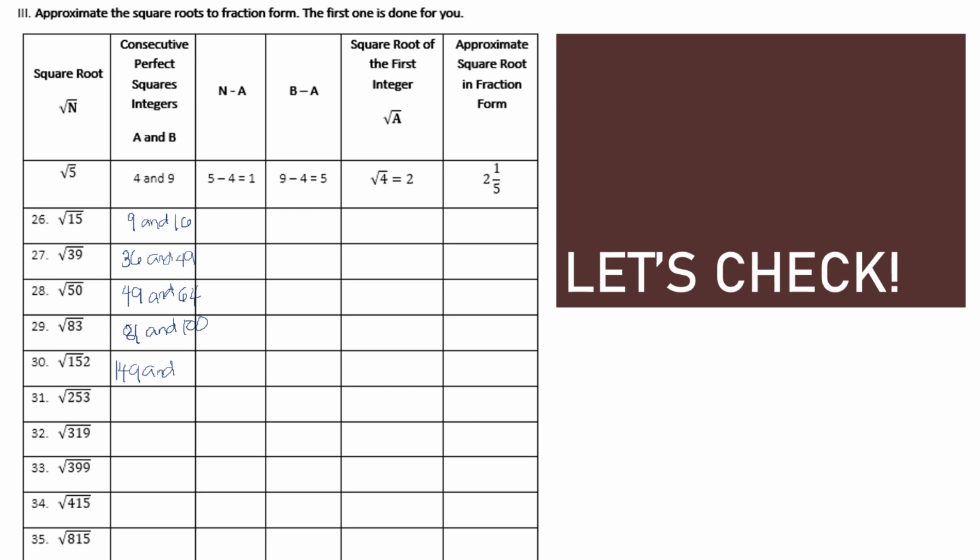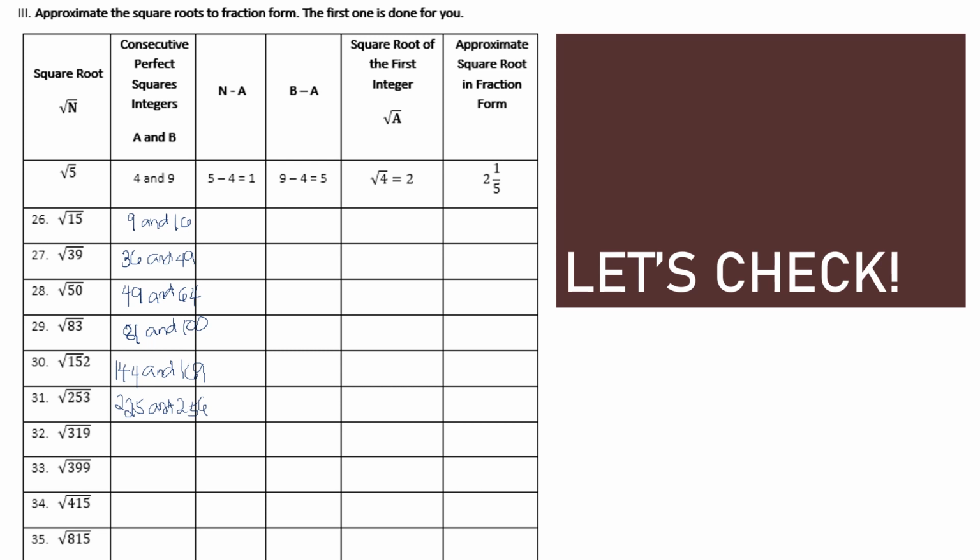I mean, it is 144, not 149. Let me erase that. Next, we have 253, and it is between 225 and 256.